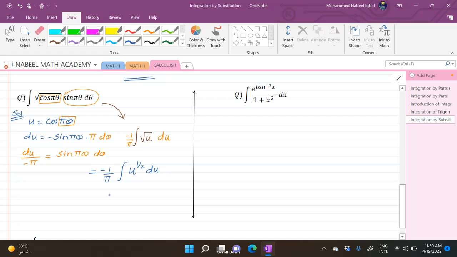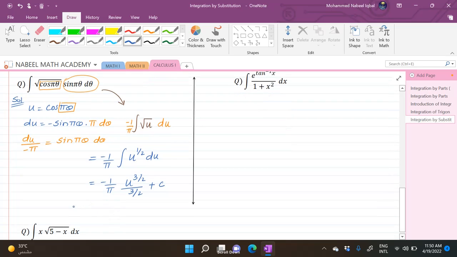When you integrate this, you get minus 1 over pi, u to the power 3 over 2 over 3 over 2 plus c. When you multiply, if you take the reciprocal, you will get minus 2 over 3 pi, u to the power 3 over 2 plus c. But what is your u value? The u value you have to substitute as cosine pi theta.